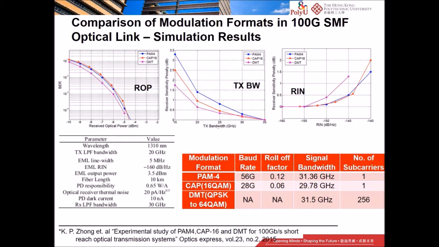That is primarily because it is, after all, an OFDM signal, and the more subcarriers you have, the sharper the overall spectrum is, with a sharper roll-off. Perhaps because of that, the ring noise tolerance, on the other hand, is the worst for DMT signals. You can refer to the paper for the actual parameter values that we use in this comparison.